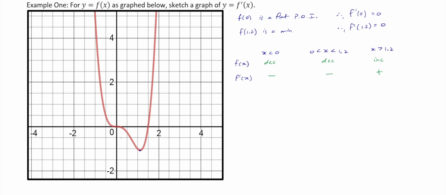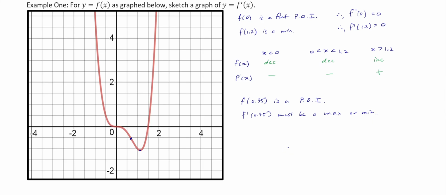Okay. The one thing that we see right here at about 0.75, I'm not sure if you can see this right here. But f at 0.75 is a point of inflection. And if it's a point of inflection, then f prime at 0.75 must be a max or a minimum.